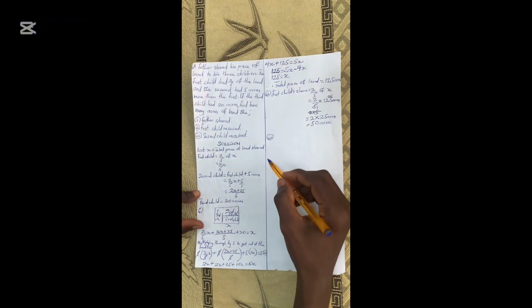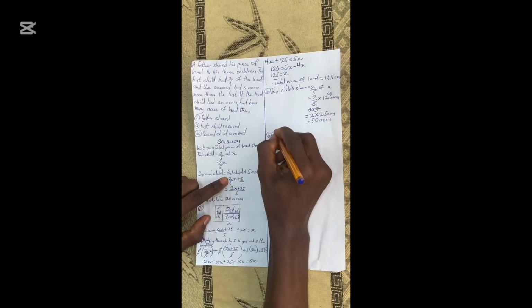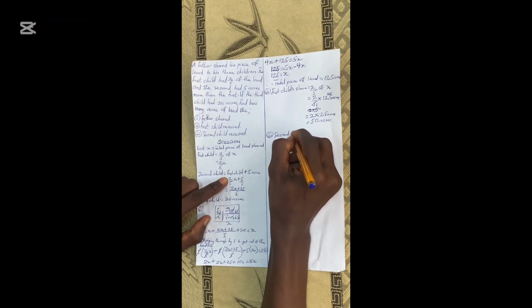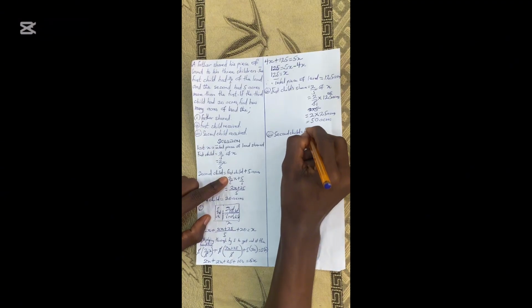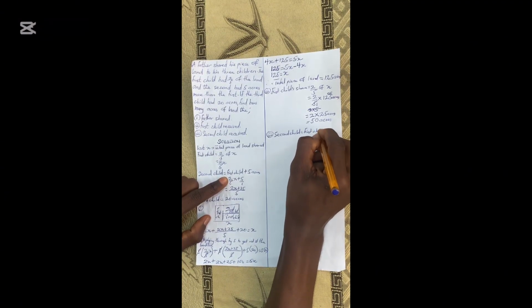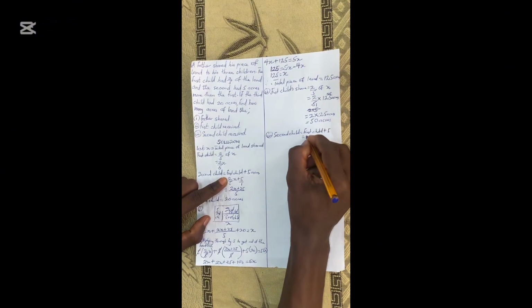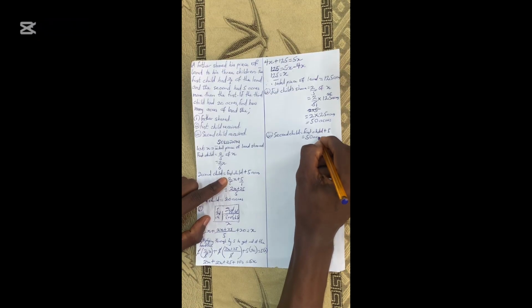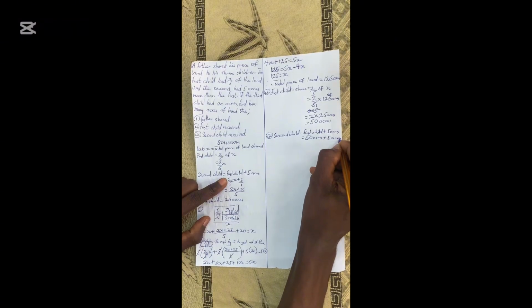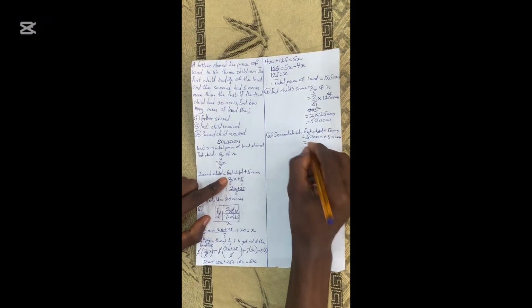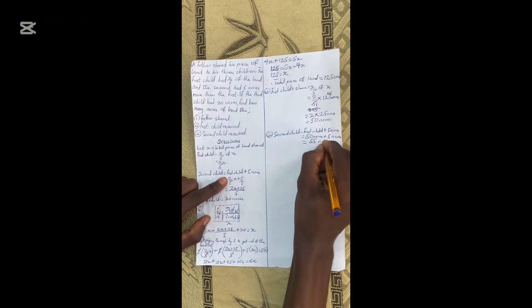So the second child is equal to the first child plus 5. What did the first child receive? 50 acres, plus the 5 acres. They are saying the second child received 5 more. So 50 plus 5 is 55 acres. I hope this really makes sense to each and every single one of us here.